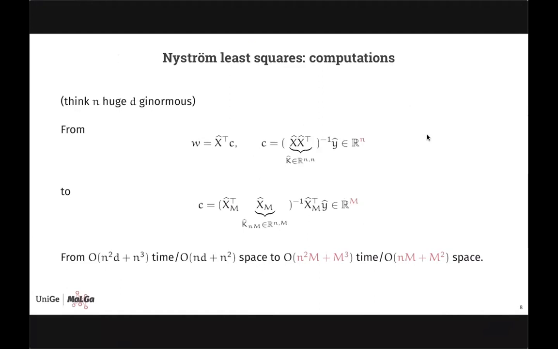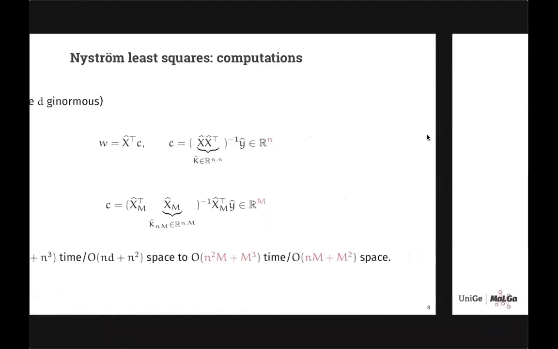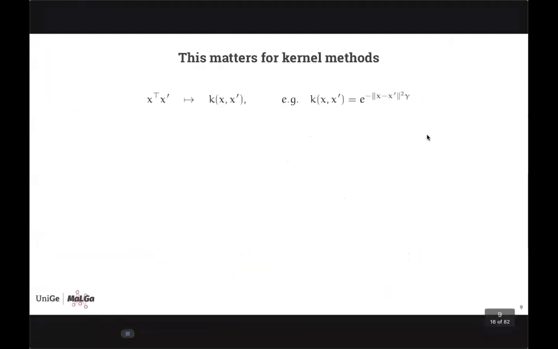So another line of thinking about this is clear if we now consider a slightly broader setting. Rather than just restricting ourselves to linear least squares, we can now consider kernel methods, okay? And I'm going to give a very simple introduction to this idea.